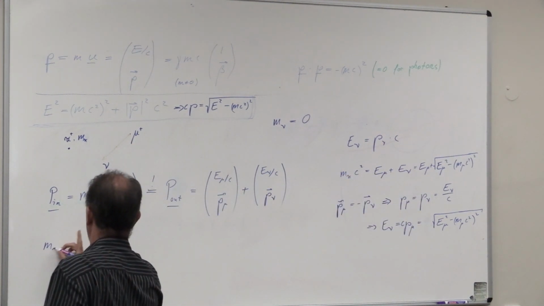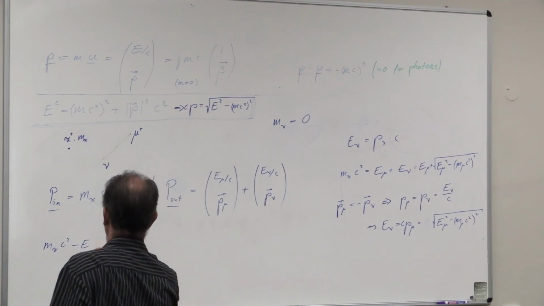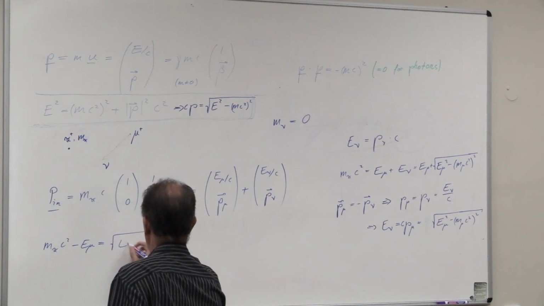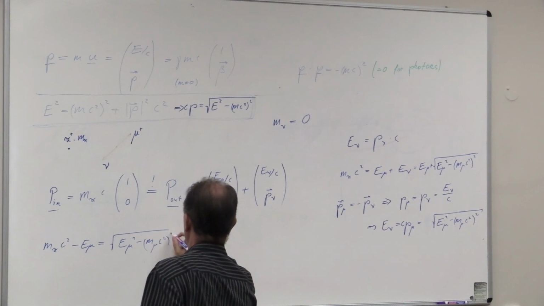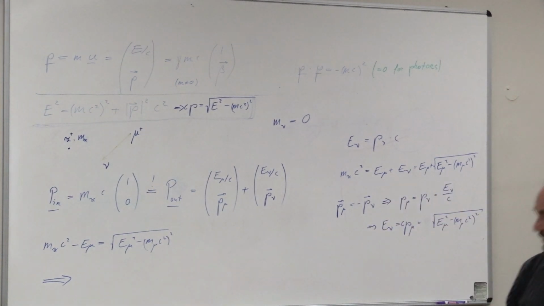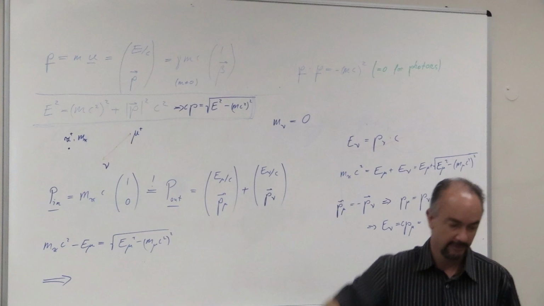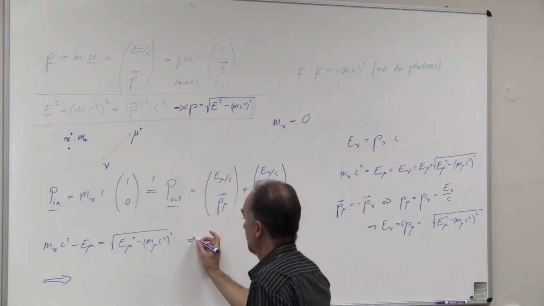So m pi c squared minus E mu equals square root of E mu squared minus m mu c squared. And very easy, just square both sides, solve for the E mu. So let's just carry that out.